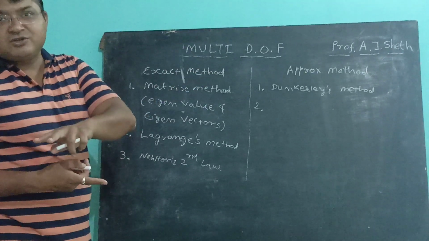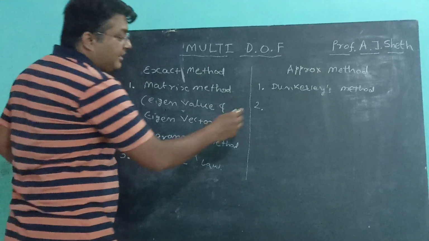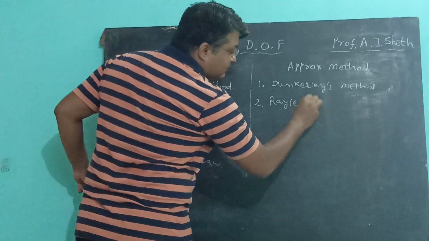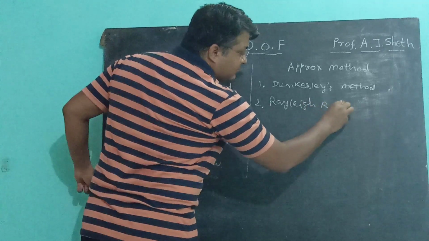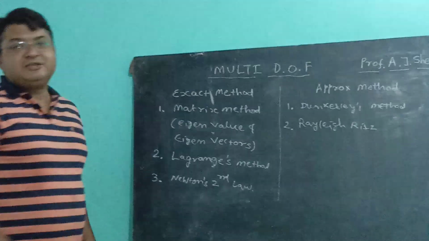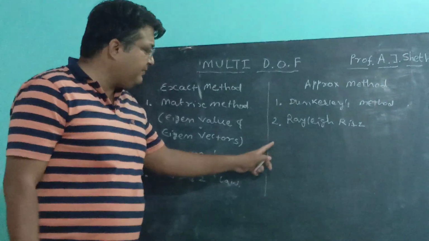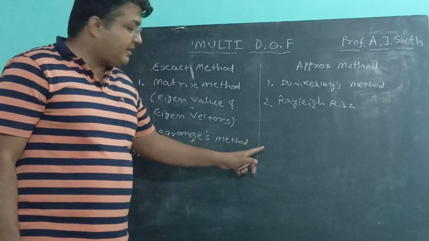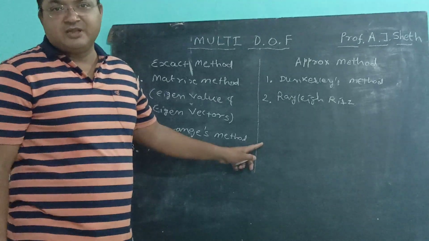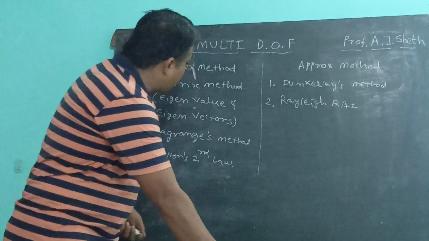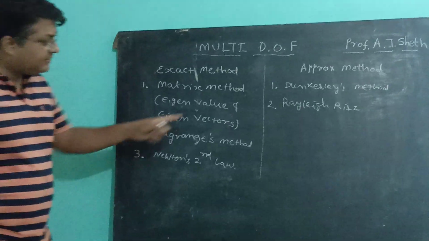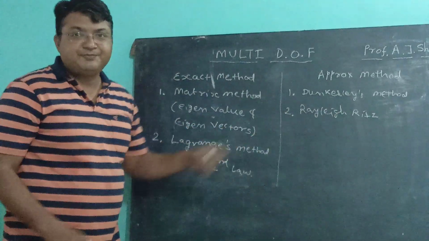Now the advanced version of Rayleigh's method is the Rayleigh-Ritz method. Then the third one is the Stodola method, and the fourth one is Holzer's method. We are going to understand the first ones first. Afterwards we'll look over the others.